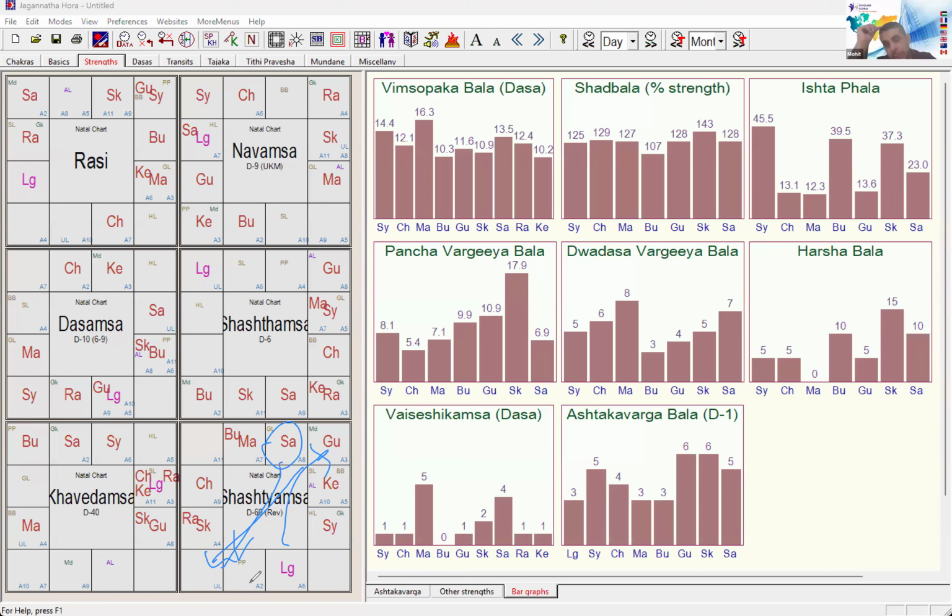Getting my point? Shani's influence, how do you say it is small and big? That's the quality of the graha. Shani is always represented with servants, and servants are not well nourished per se.